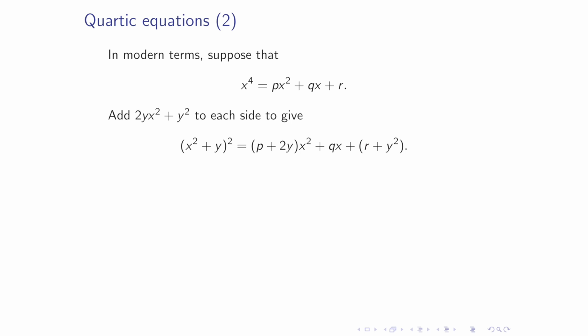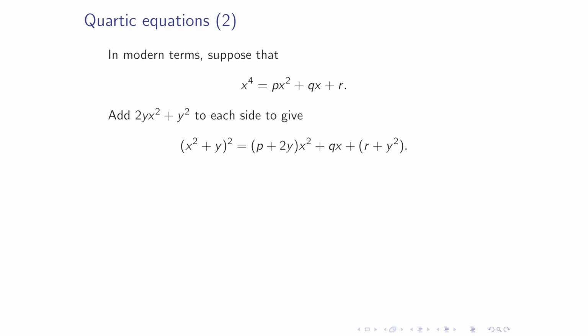This is very much not how he wrote it, but we add 2yx squared plus y squared to both sides of the equation. And the reason we do that is because it then makes the left-hand side into a perfect square. And then we gather like terms on the right-hand side. And of course, now we've got a square on the left-hand side. We think, aha, wouldn't it be nice if we also had a square on the right-hand side, and then we could just take square roots and we could solve this thing.